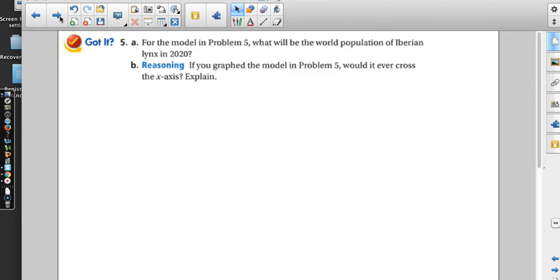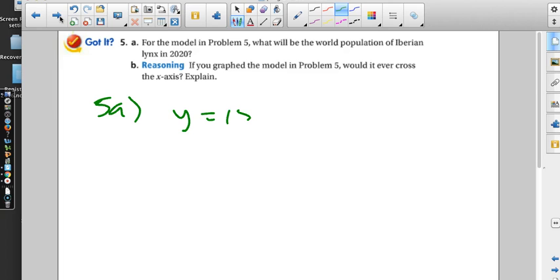So in our model, 5A, it says, how about 2020? I mean, if this trend continued, I told you already, this kind of broke the silence there and told you what it was. But if we used that formula, 2020.